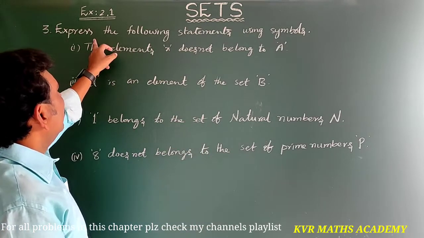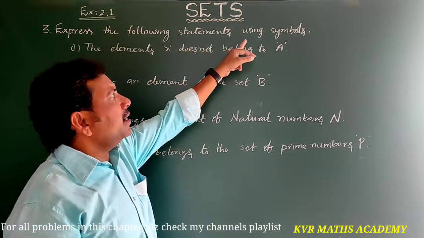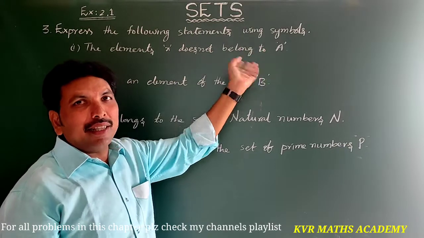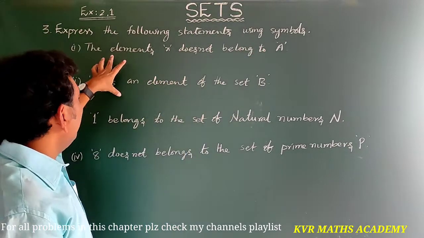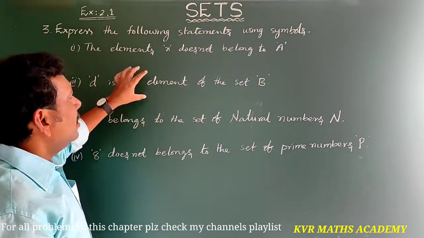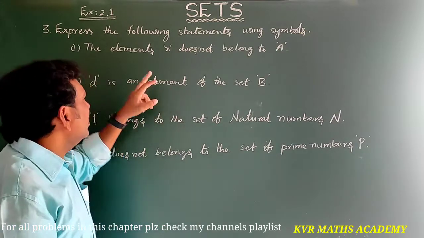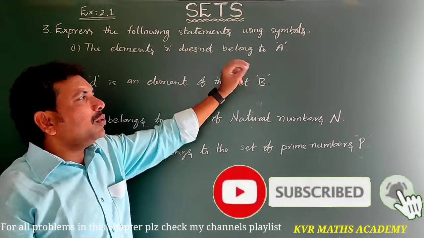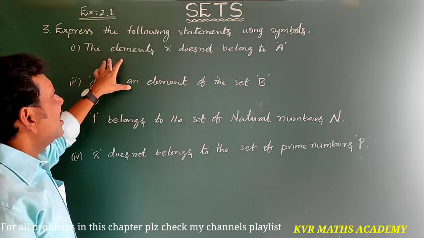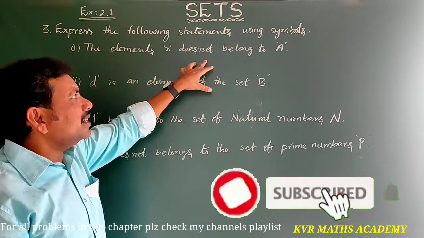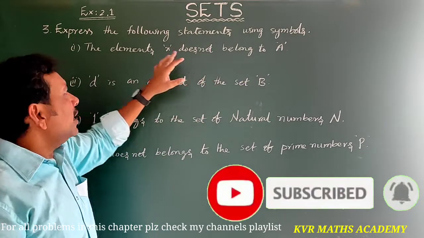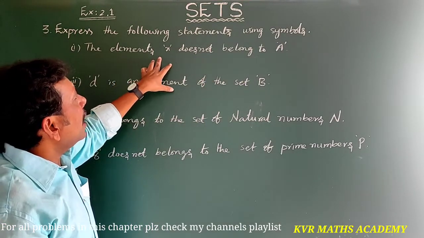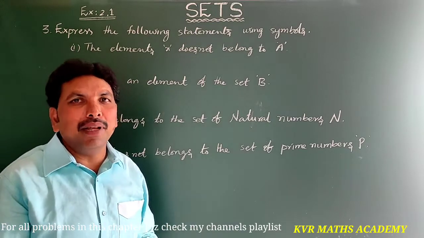Next, third question. Express the following statements using symbols. Here 4 statements are given. Let us discuss one by one. Look here. The element X does not belong to A. So the statement is given and we have to write it using symbols, right?